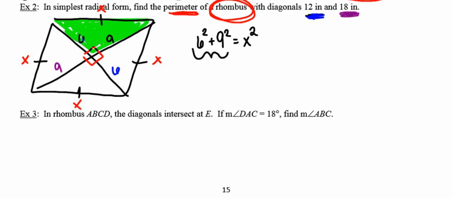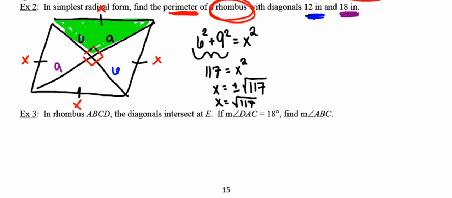When I enter 6 squared plus 9 squared into my calculator, I'm told that that is equal to 117. When I take the square root of both sides, I have to remember to take both a positive and a negative square root. However, since I'm dealing with length in this particular question, I can't have negative length. And I know that the length of each side is now the square root of 117.